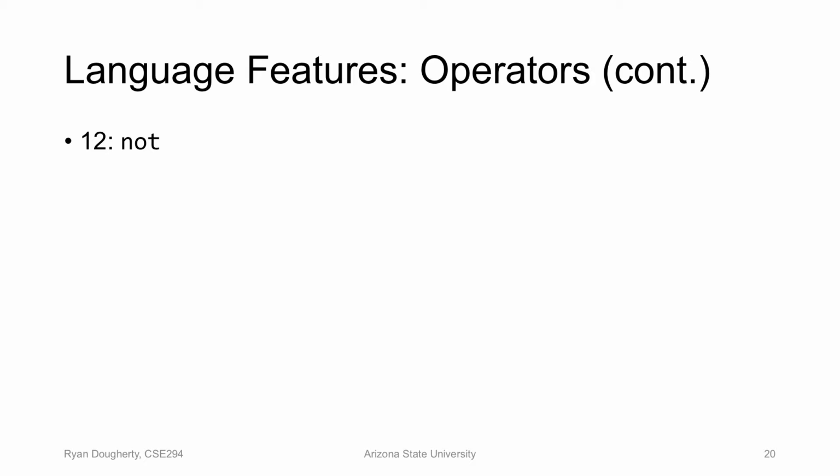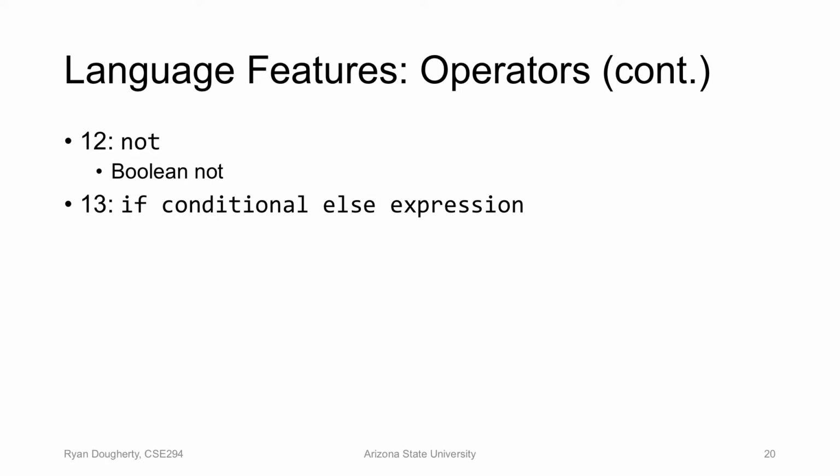The result of it will be a Boolean value, so true or false. And what not does, it returns the opposite value. So if it was given true, it'll return false, and if it was false, it'll return true. Then a conditional expression, so we have if and else in Python. It's just an if-else conditional that we've seen before.